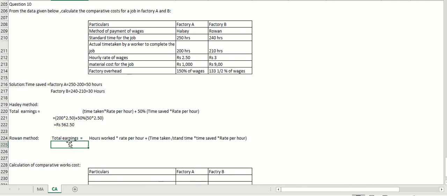Under the Rowan method, your total earnings will be calculated using the formula hours worked into rate per hour plus time taken divided by standard time into time saved into rate per hour.